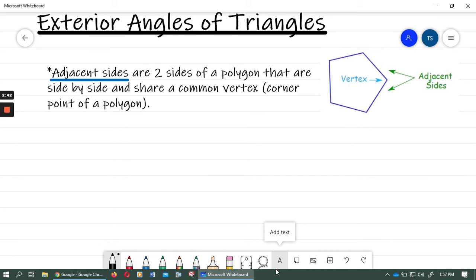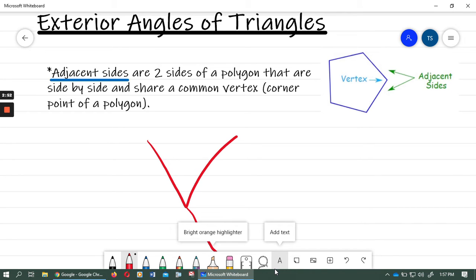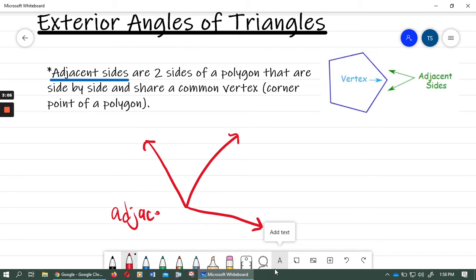Now, folks, don't get this twisted with adjacent angles, which we've been talking about, where we've got two angles like this right here, or where we've got two angles like this. A lot of this stuff sounds similar, but we're not talking about adjacent angles.